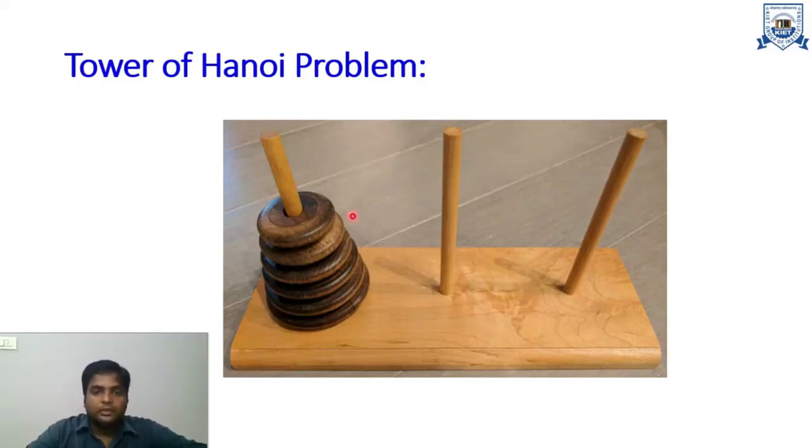Now if you want to move all these disks from one tower to another tower, it's not easy. So for that, we use an auxiliary tower. B will be considered as the auxiliary tower. By using this tower, we can move all disks from one tower to another tower.